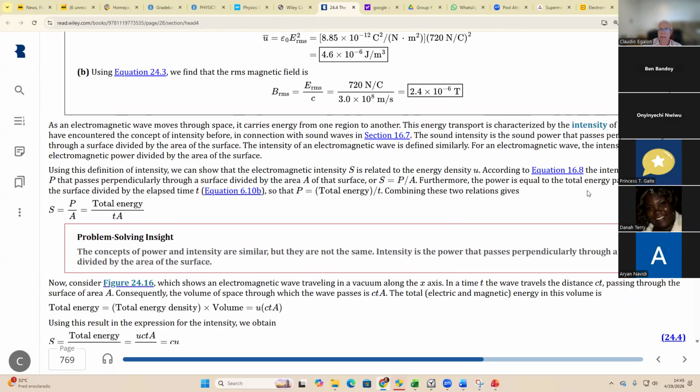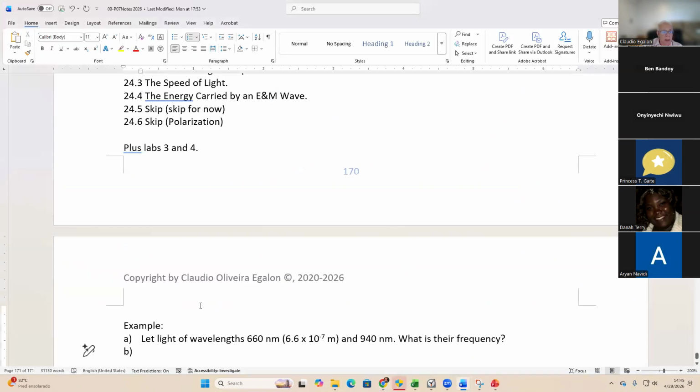16.8, okay. So here you go. And the light, what's their frequency? I'm gonna use the relation lambda f equal to c, right?